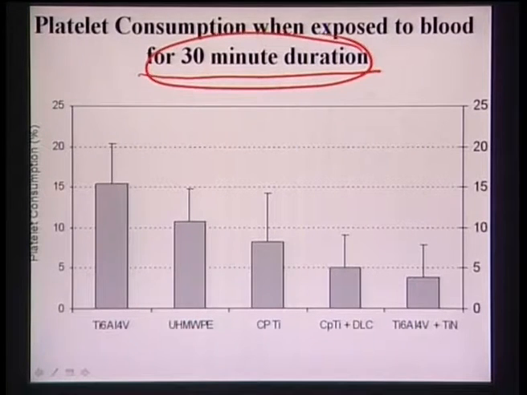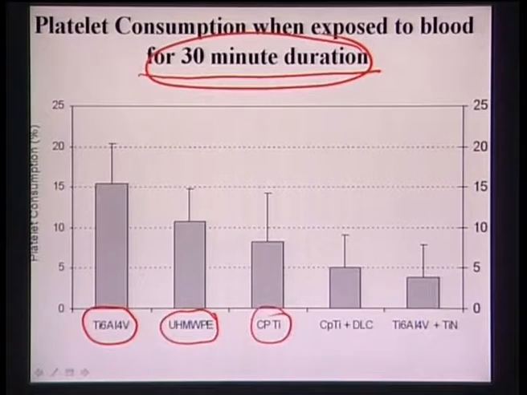After the 30-minute duration, what you see here is Ti6Al4V, that means titanium, 6% aluminum, 4% vanadium; ultra high molecular weight polyethylene, UHMWPE, which is an example of a biopolymer; commercially pure titanium, the one I showed you on the previous slide; commercially pure titanium plus DLC coating, that is diamond like carbon coating; and Ti6Al4V plus titanium nitride coating.